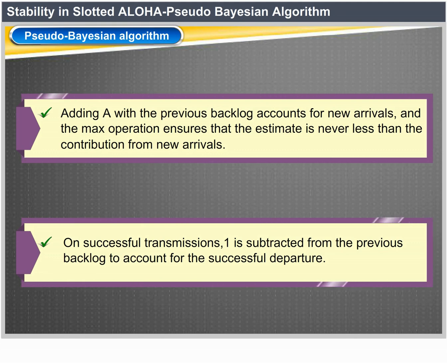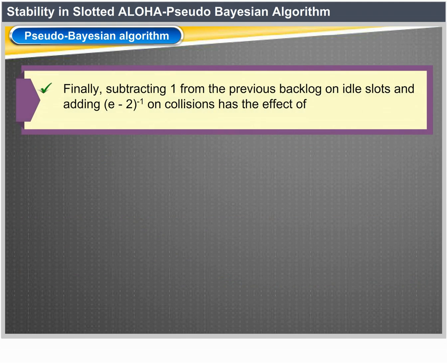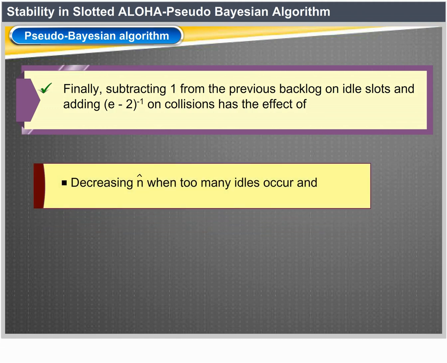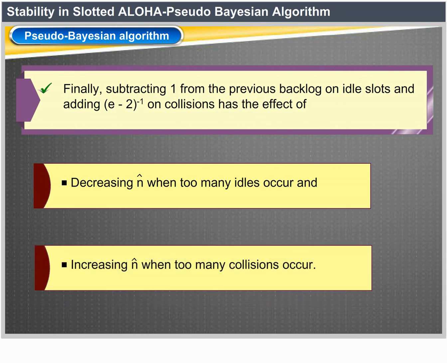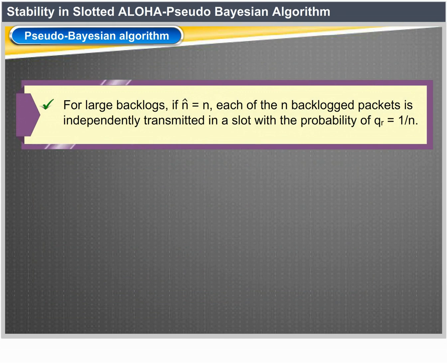Finally, subtracting 1 from the previous backlog on idle slots and adding (e-2)^(-1) on collisions has the effect of decreasing n-hat when too many idles occur and increasing n-hat when too many collisions occur. For large backlogs, if n-hat equals n, each of the n backlogged packets is independently transmitted in a slot with probability q_r equal to 1/n.